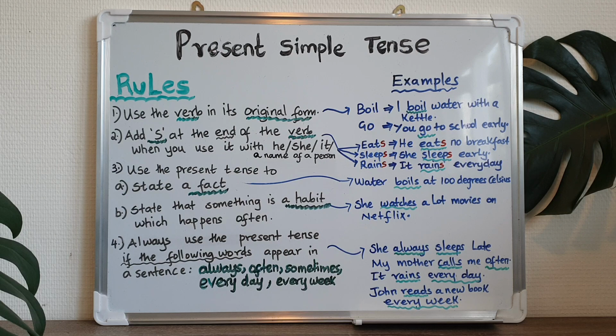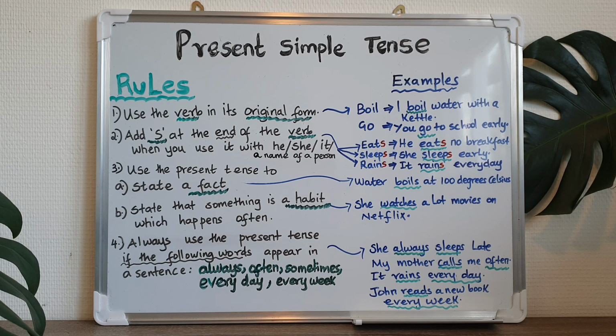And if we combine the verb with the name of a person, we also have to use an S. For example, Peter plays football on Sundays. Peter plays. Peter is the name of a person.